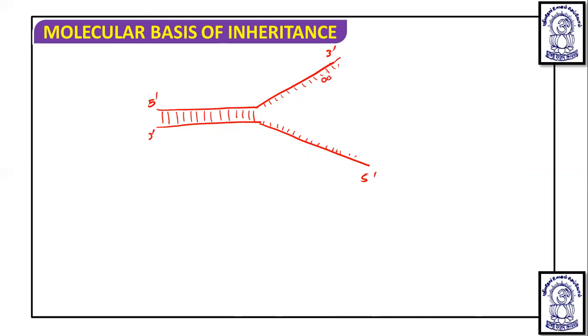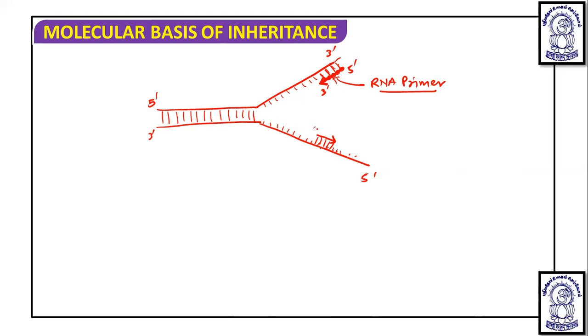A primer is just a short stretch of ribonucleotides, synthesized in the 5' to 3' direction. Suppose the replication fork is opened up to this side, and the DNA strands are separated by helicase up to this point.